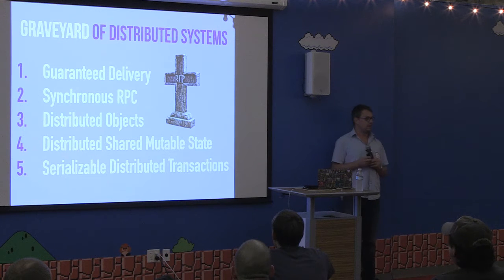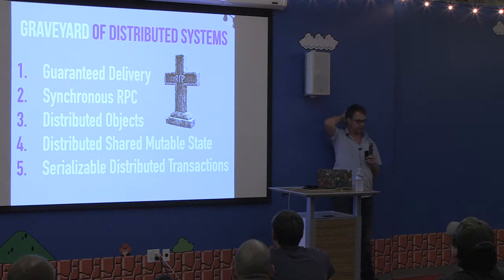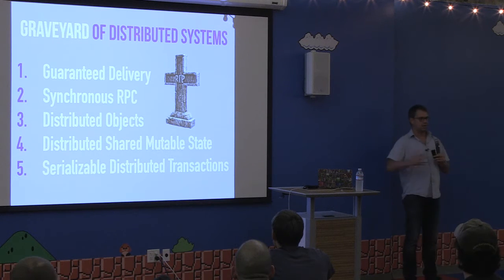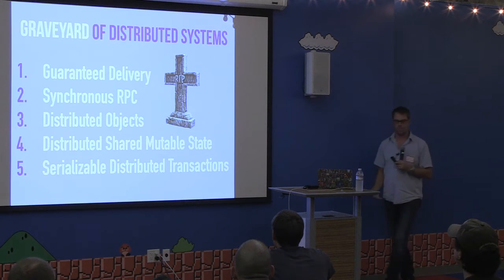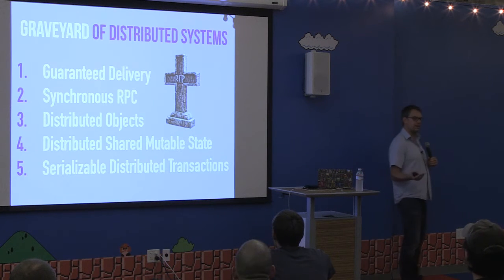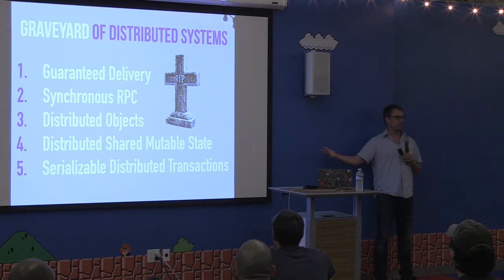Synchronous RPC is another thing that just doesn't work. Steve Vinoski wrote this great paper called "Convenience over Correctness" that I really encourage you to read, where it talks about this, that emulating synchronous method dispatch on the cluster is just doomed to fail. And distributed objects, Martin Fowler said it well when he said they suck like an inverted hurricane.